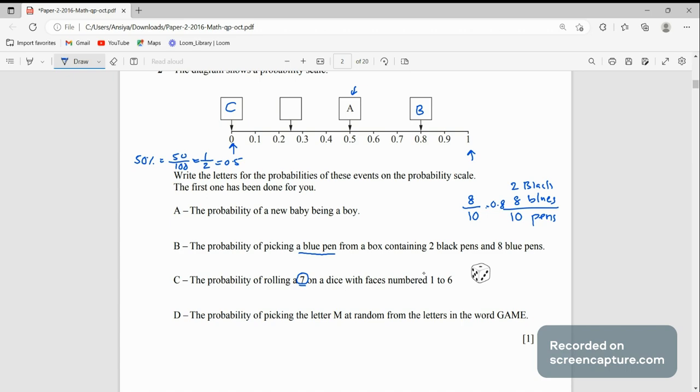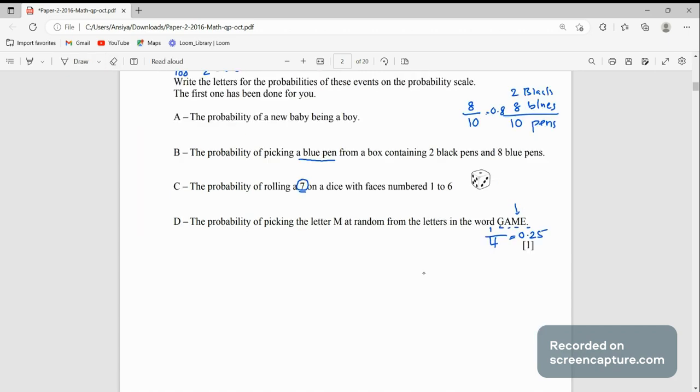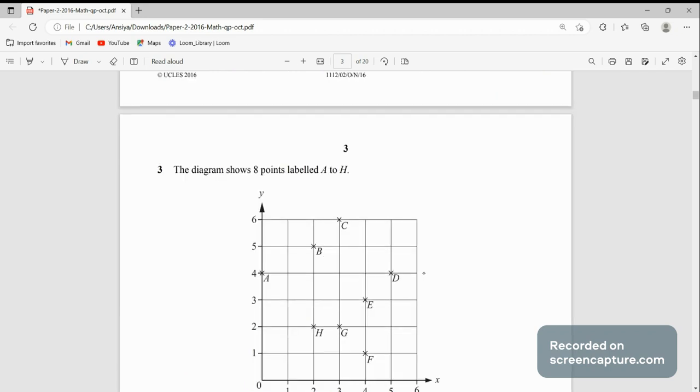And the last one, we know it will come over here only, but we will read the question. The probability of picking the letter M at random from the letters in the word GAME. See, there are 4 letters. Out of that 4, we need one letter M. So 1 out of 4, that means 0.25. You can try in the calculator. So 0.25 means between 2 and 3. So here D will come. So that was from probability.